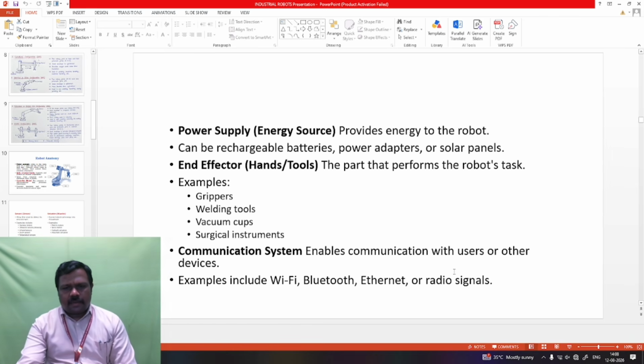The end effector is one of the important parts to perform the robot task. Examples are a gripper, welding tools, vacuum cups, surgical instruments. Whatever parts we need, we replace them and the robot functions. Communication systems enable communication with the users or other devices.